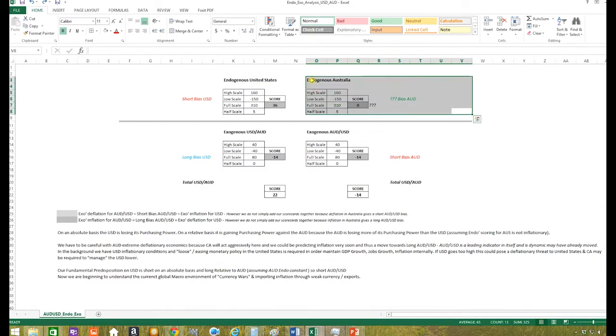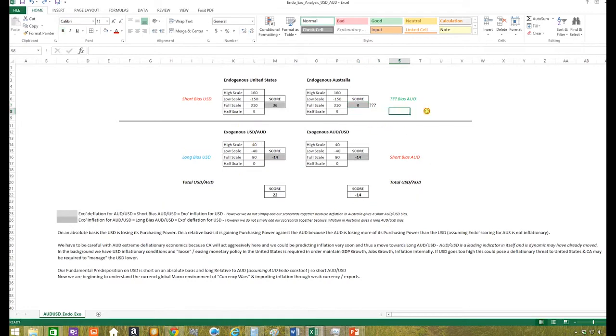So what we've done here is actually kept the endogenous Australia analysis constant. So we've kept it at 0. Now this obviously may change in the future and may contribute overall positively or negatively to the overall scorecarding system when we take into account the exogenous analysis.